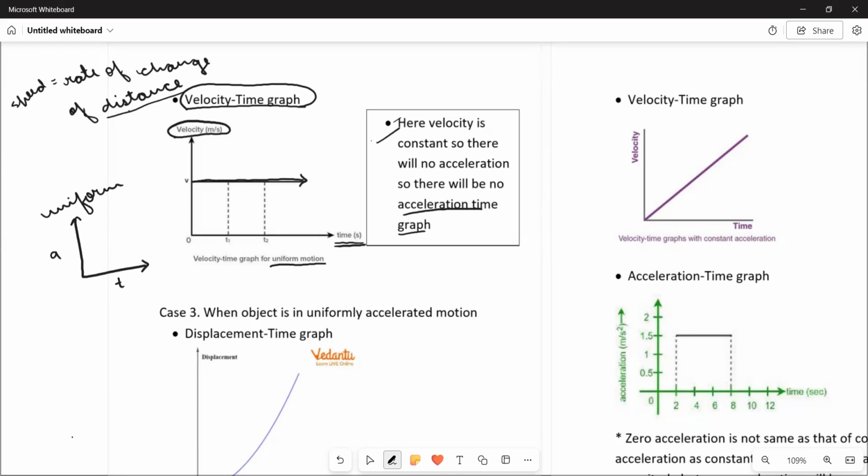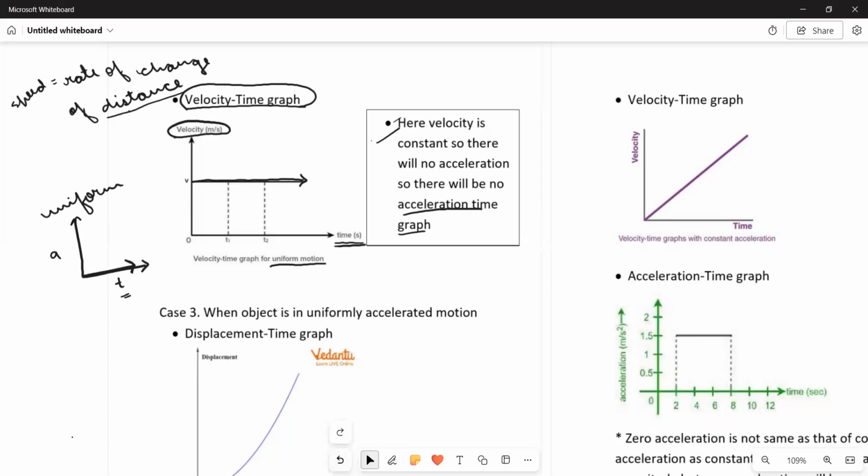As acceleration is equal to 0, it will be along the x-axis, the axis for time. We will not get anything in the area between the x and y axes. We will get our graph only on the x-axis, as the value of acceleration is equal to 0.